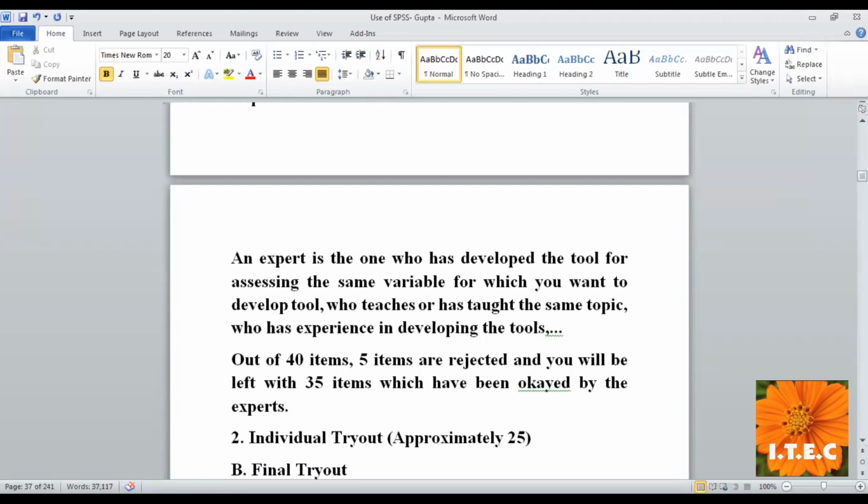So first give the instruction and ask the person to read the instruction carefully and take your time. After the person has read the instruction, you ask, is it all right or do you want some change? If the person says, yes, I have not understood this, you should note it down in your diary and immediately try to modify the instruction and ask the person again, is this modification okay?